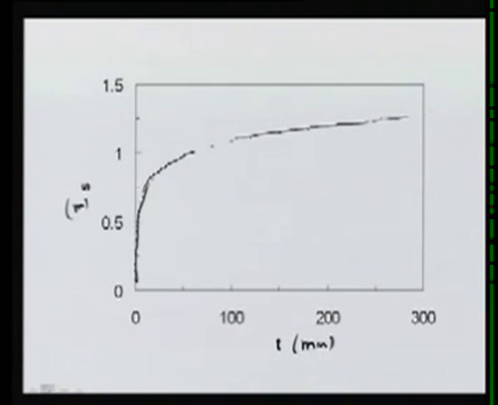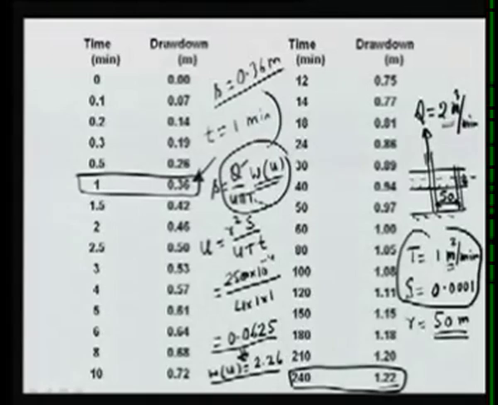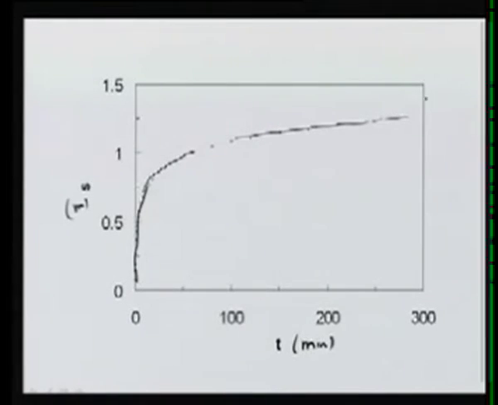So this data which we have computed based on the Theis curve, most of the times what we will not have is T and S. We will not be knowing the values of T and S, but what we will have in the field is the time versus drawdown data, or the time versus drawdown curve, which is this curve.